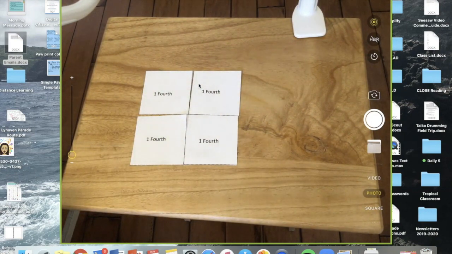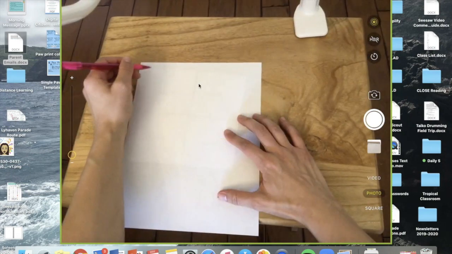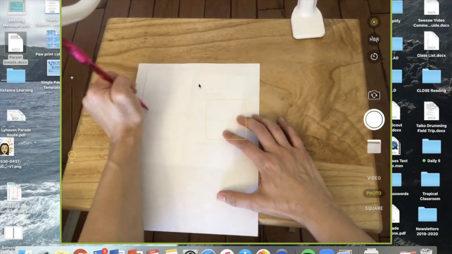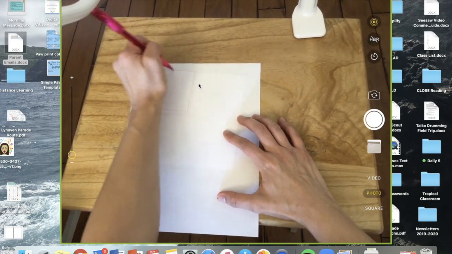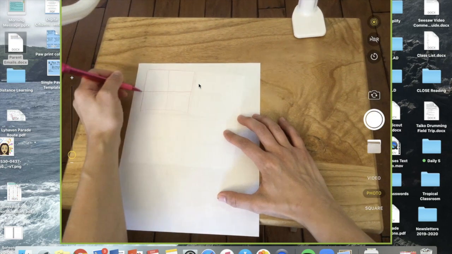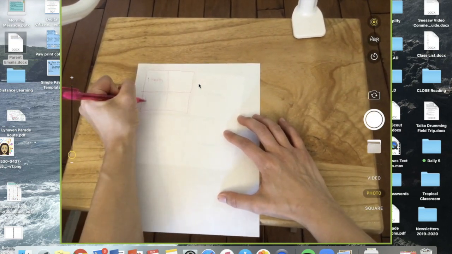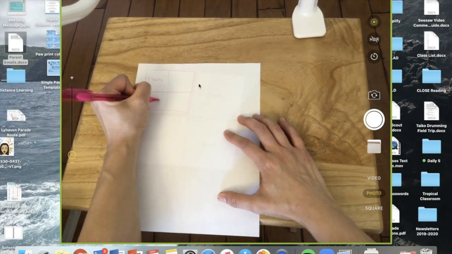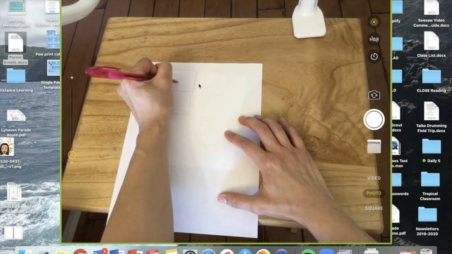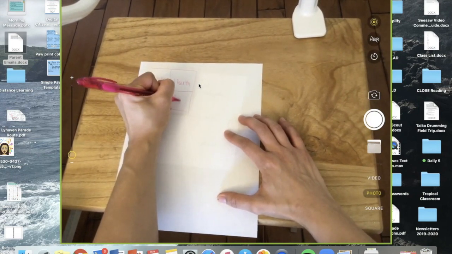So if we partitioned it, like on a piece of paper, it would look like this. So we might have our square shape that looks like this. And then you can partition it like this, right? So this is 1/4, 1/4, 1/4, and 1/4.